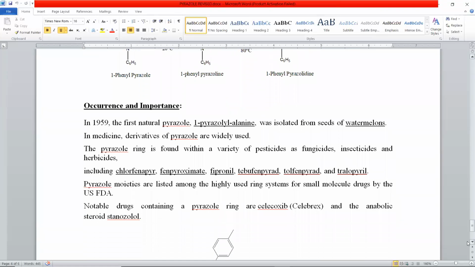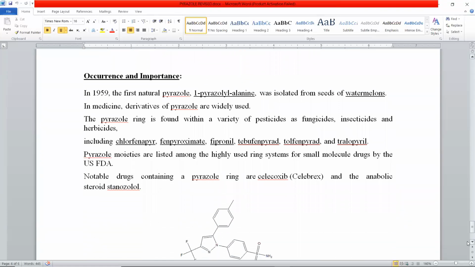So occurrence and importance. In 1959, the first natural pyrazole, 1-pyrazolyl alanine, was isolated from the seeds of watermelons. In medicine, derivatives of pyrazoles are widely used. The pyrazole ring is found within a number of pesticides, fungicides, insecticides, and herbicides.